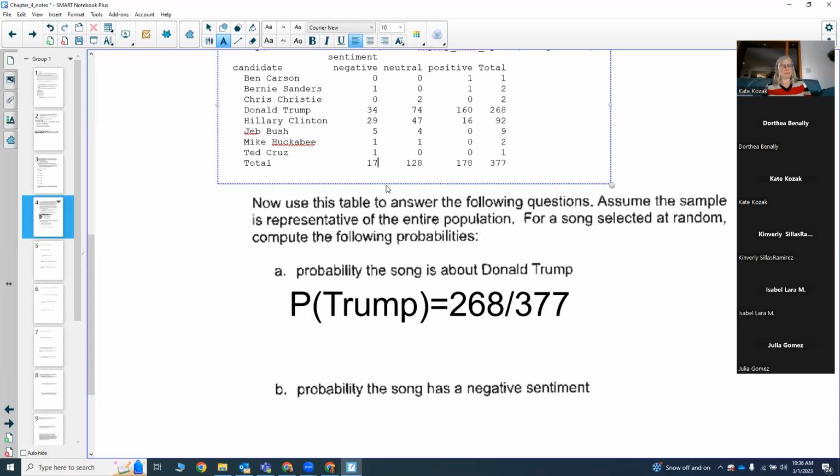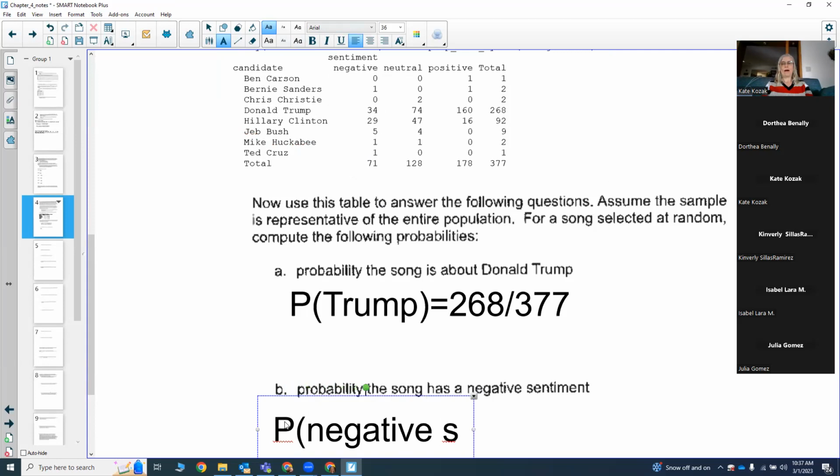So when we do these and we talk about this information, the probability is always out of something. It can't just be the 71. It's 71 out of however many. So out of how many?